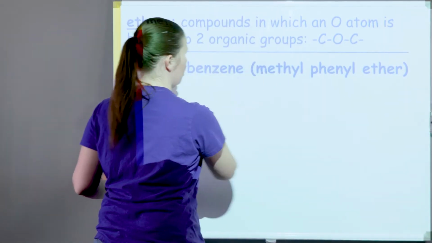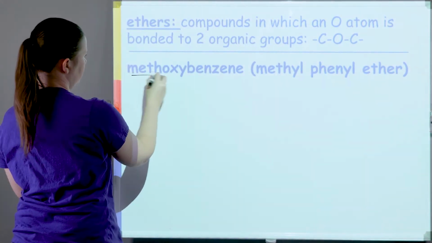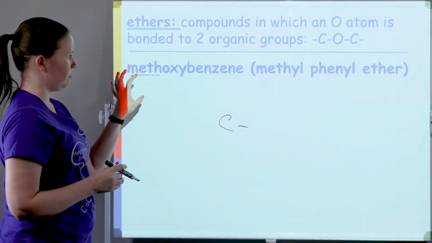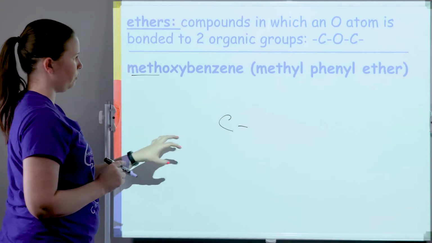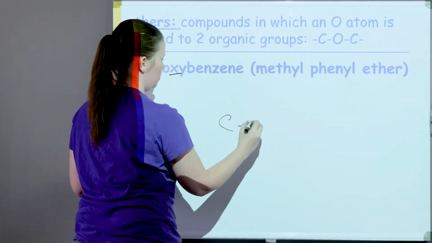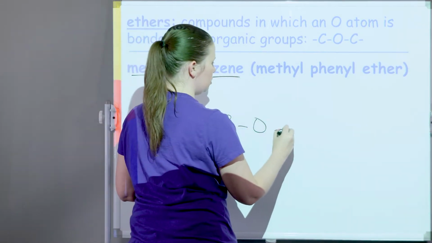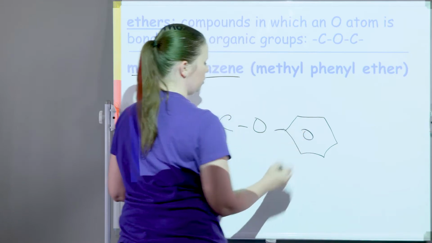All right, let's draw our molecule now. Meth, again, coming first. So again, I'm starting with 1 carbon. Of course, there are other types of ethers where if you had a different branch here, you would use the right number of carbons. The next thing I get to is the oxy. And then I'm going to draw my benzene, which is that 6-sided figure with the circle in the middle.